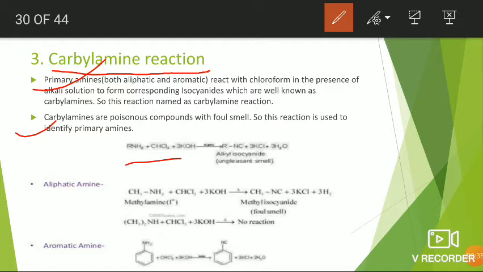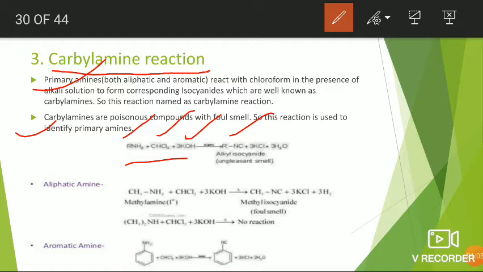Here the primary amine RNH2 undergoes reaction with CHCl3, chloroform, in the presence of a base, that is alkali, potassium hydroxide or sodium hydroxide, in the presence of a solvent, maybe ether or any other. Then we get the corresponding isocyanide, RNC. The isocyanide functional group is NC.